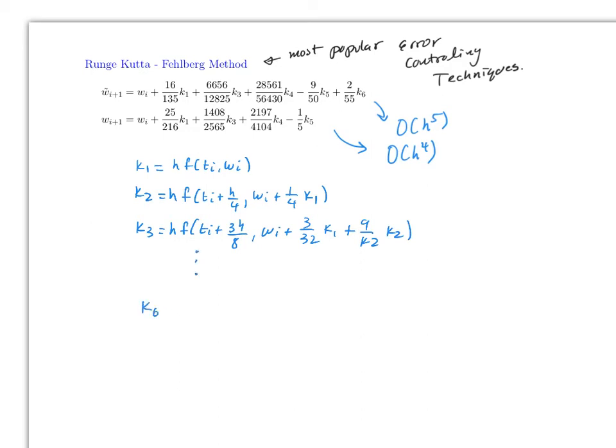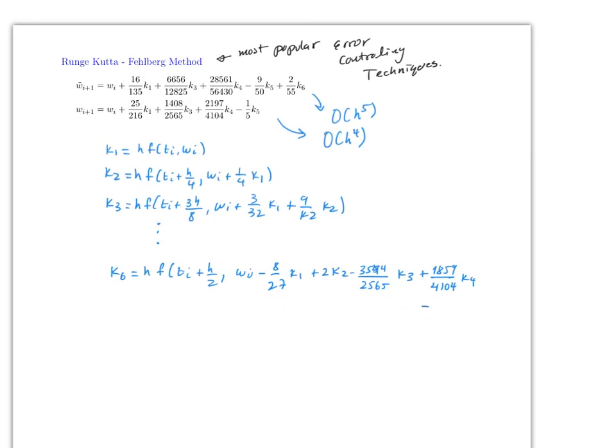So the last one is equal to h f of t i plus h over 2, w i minus 8 over 27 k1 plus 2 k2 minus 3544 over 2565 k3 plus 1859 over 4104 k4 and then minus 11 over 40 k5.